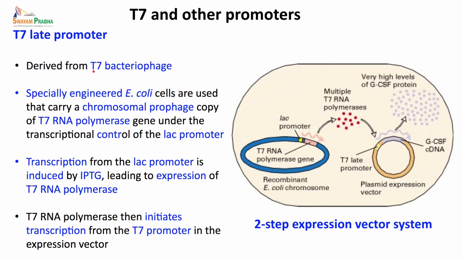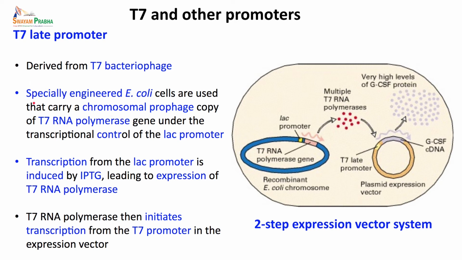So this T7 bacteriophage promoter is used in this system. And now, of course, if you have the T7 promoter in front of the gene that you want to express, then you will also need T7 polymerase, because the E. coli RNA polymerase will not bind to the T7 promoter.